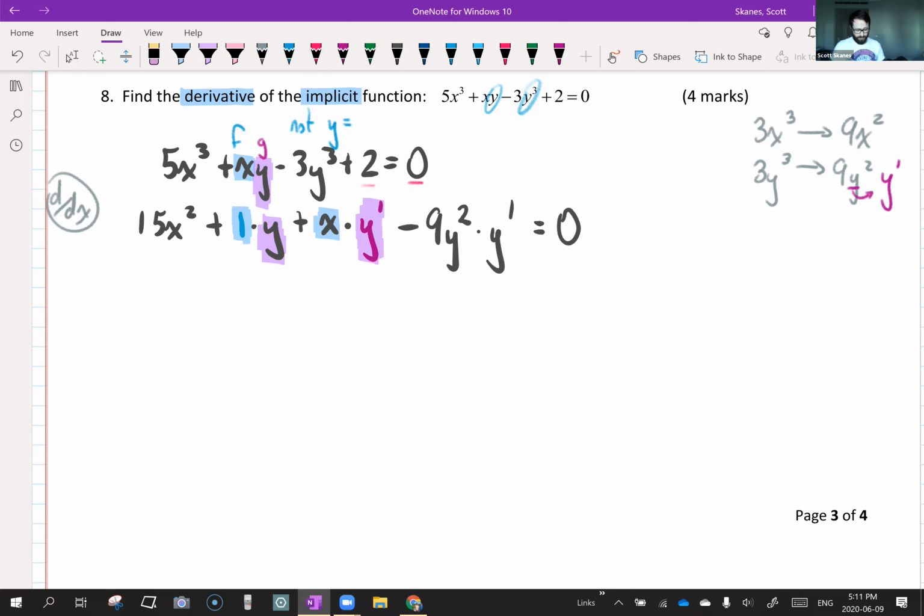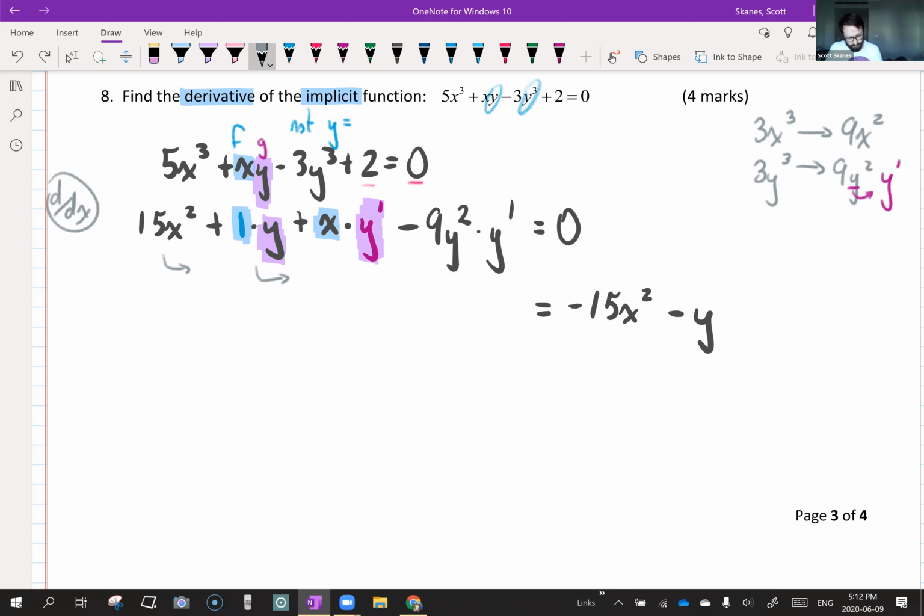You definitely need to factor. What we're going to do is we're going to bring anything that doesn't have a y prime term to the other side. So I'm going to bring this to the other side, I'm going to bring this to the other side, and I'm going to factor the y prime terms. But let's clean it up first. First things first, if I bring those two terms to the other side, I end up getting this. Okay, I've just taken this term and this term. They do not have a y prime. So I bring them to the other side because I'm trying to solve for y prime. That's the derivative.